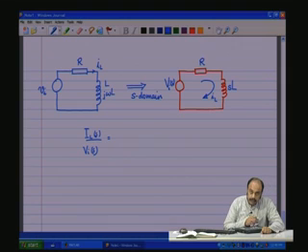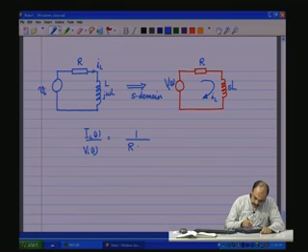Now, that is nothing but voltage divided by whatever the impedance, which is R plus S L.